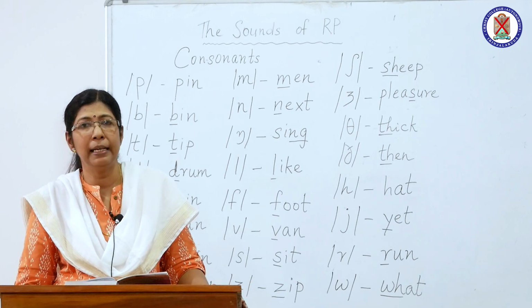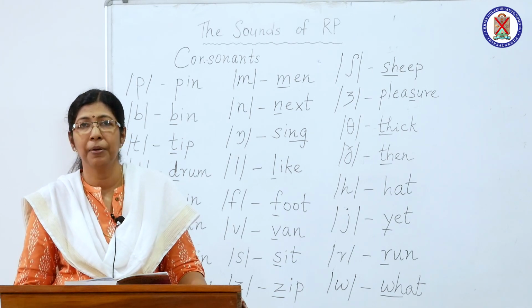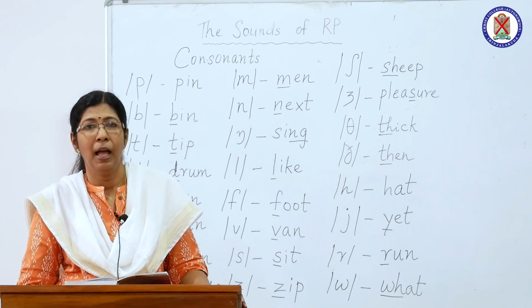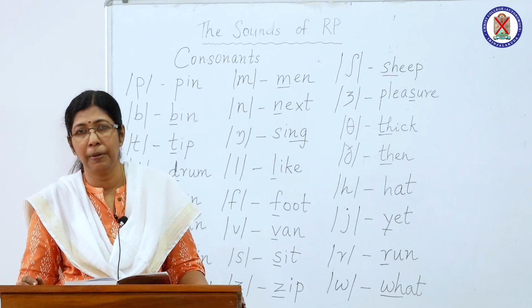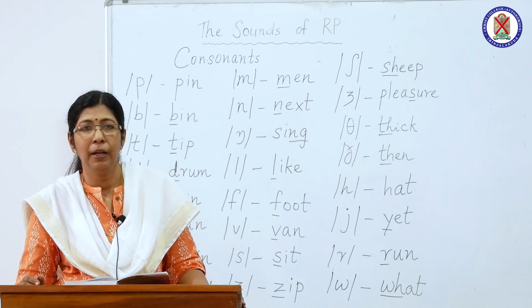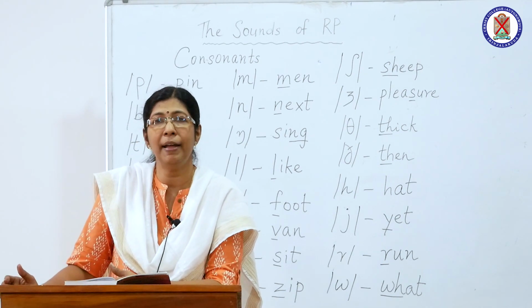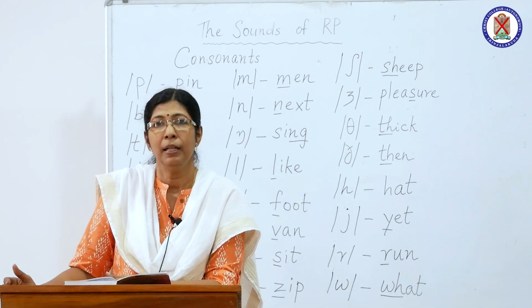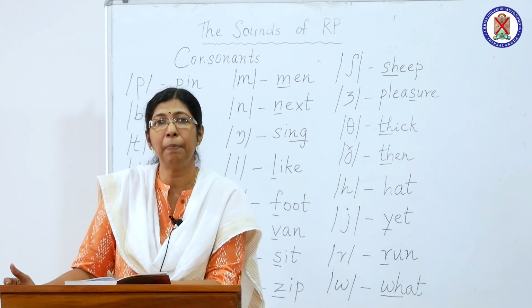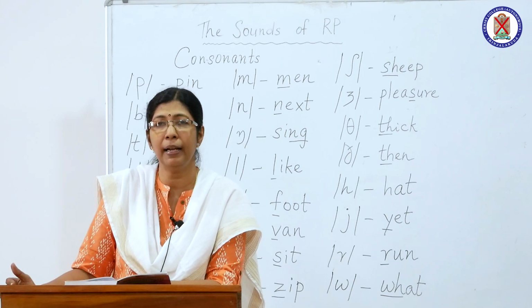RP was incidentally also referred to as Queen's English, BBC English, and even public school English. The reason for this was that it was the variety of English spoken by the members of the royal family, the educated people, especially those who were educated in the public schools and Oxford and other universities of England.